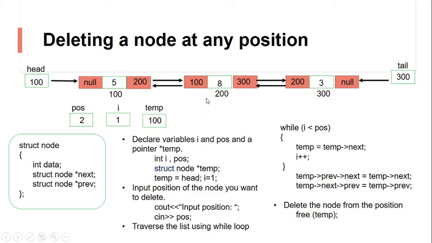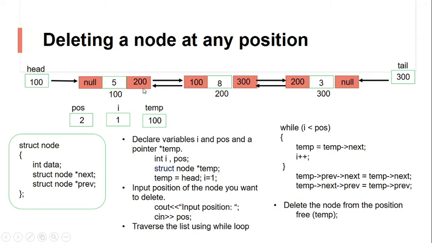So it means I'll be deleting this node, which is 200. What will happen is 100 and 300 should be directly connected to each other, deleting the node between them. So 200 will also be changed later on.